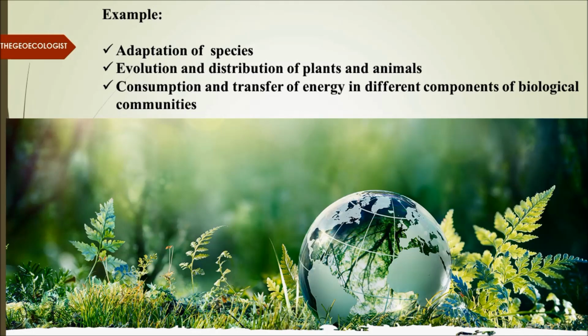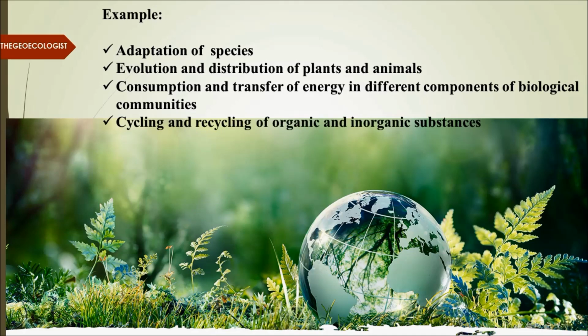Then consumption and transfer of energy in different components of biological communities. So what happens in biological communities? Two things: consumption of energy and also transfer of energy from one form to the other. This is a common thread among all biological communities. That is the third example.